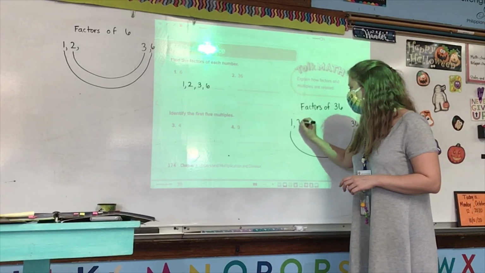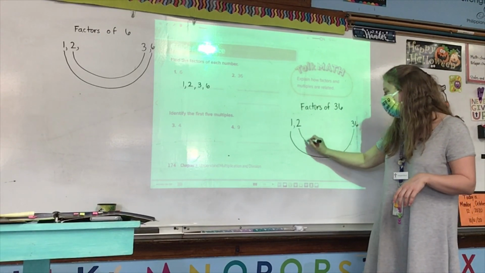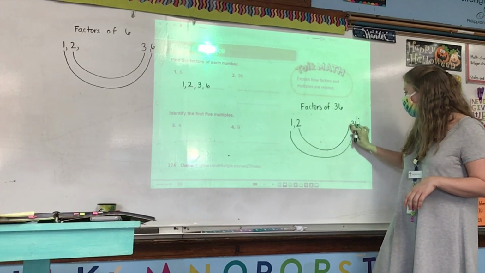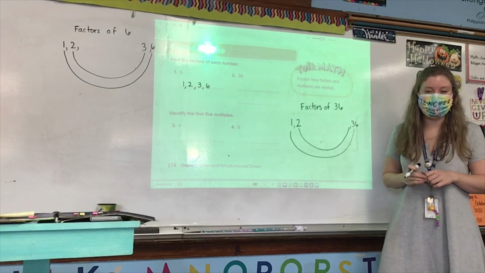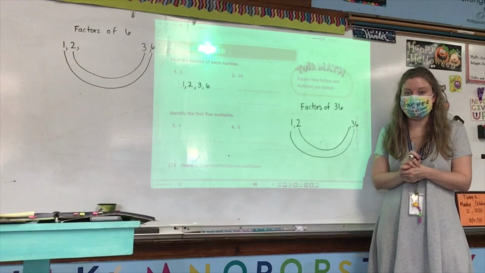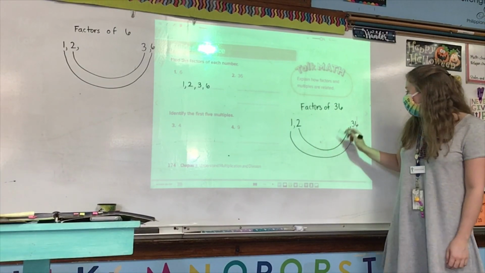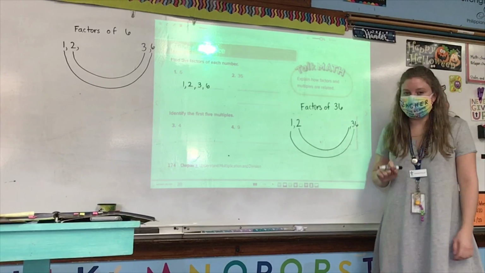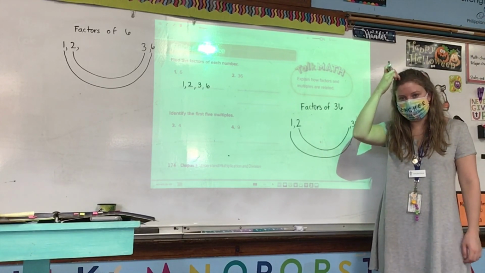So we know 36 is even, which means we know 2 has to be a factor, but we have to meet it on the other side. Well, there is no basic fact with 2 that equals 36, so that means we may have to do some repeated addition. We already know earlier, because we did it earlier, 2 times what equals 36, Zari?